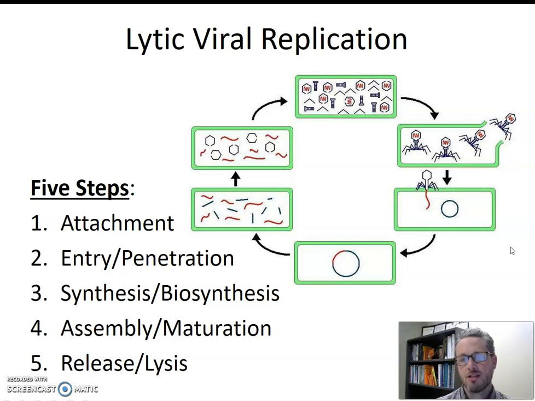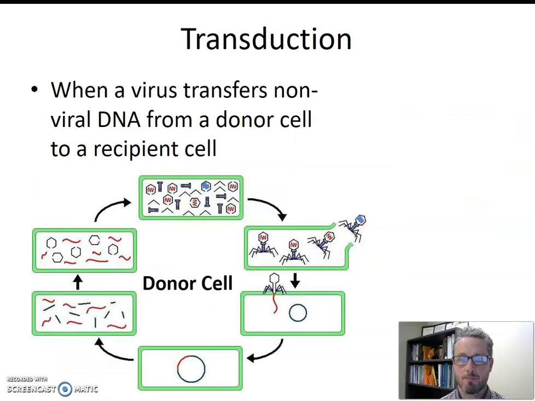In order to understand transduction, we have to understand this lytic life cycle. So let's look more closely and think about what happens in this lytic life cycle that allows for transduction to occur.